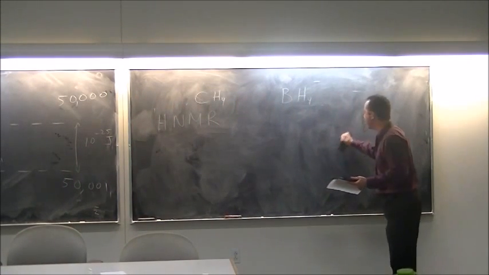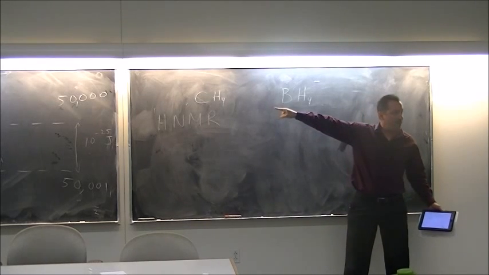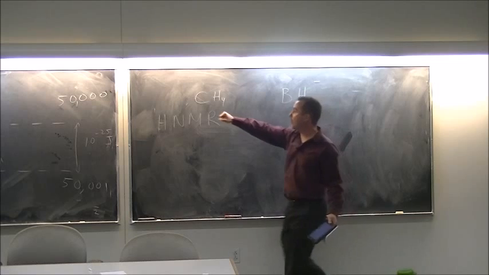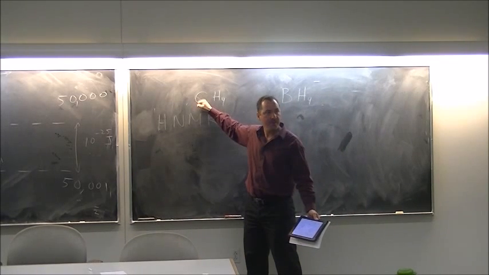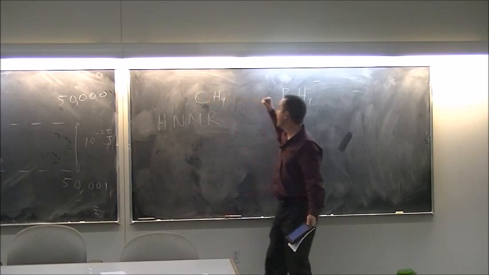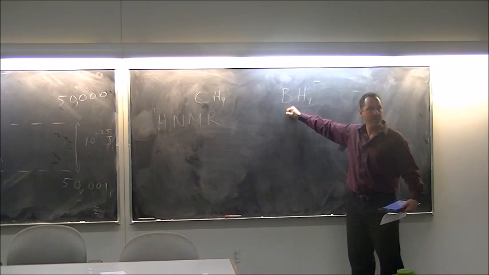The problem is, in this case, different than carbon. Carbon 12 doesn't have a nuclear spin. But in the case of boron, boron does have a nuclear spin. Where is the nuclear spin of boron? Depends on the isotope.